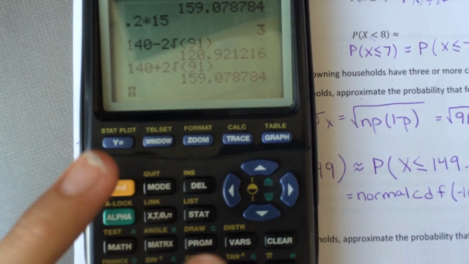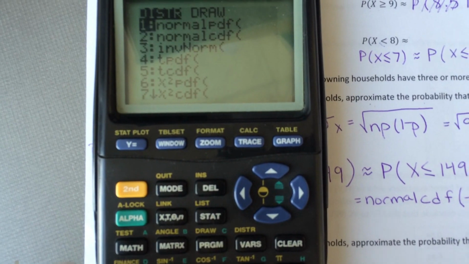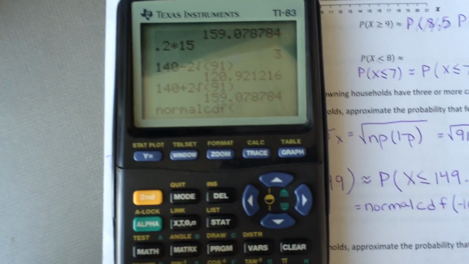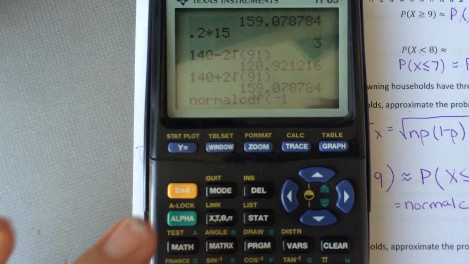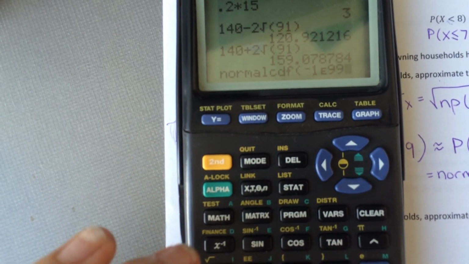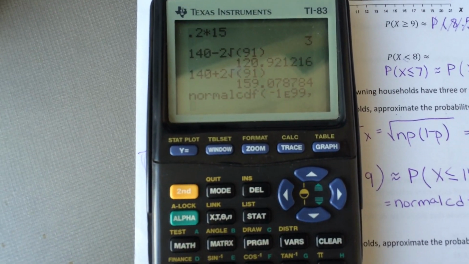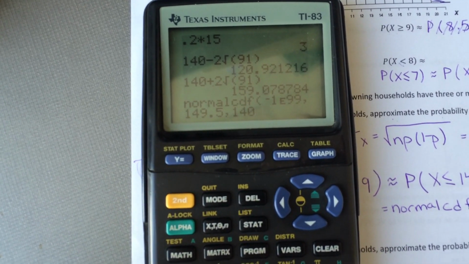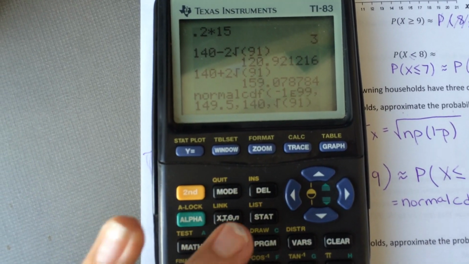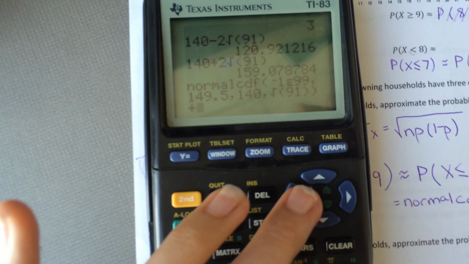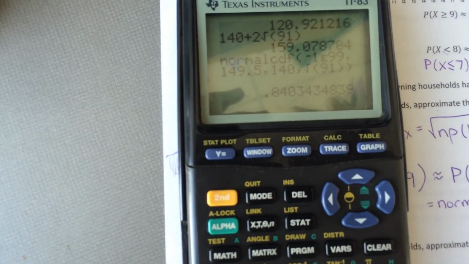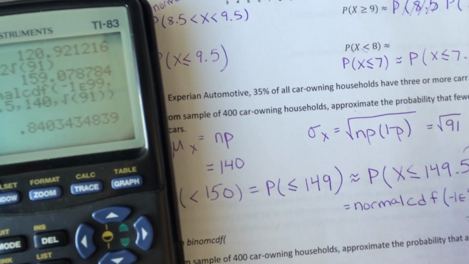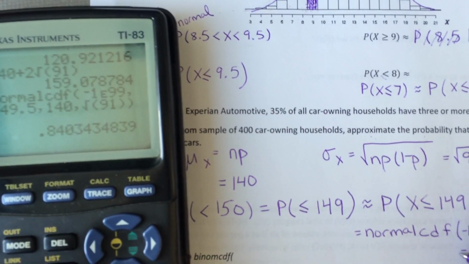Normal CDF is in the second vars menu, the second option. We don't use normal PDF in this class. The lower bound is -1 second e to the 99, comma, our upper bound 149.5, our mean, which we found in a previous lecture, and the standard deviation. The probability that fewer than 150 have 3 or more cars is approximately 84%.